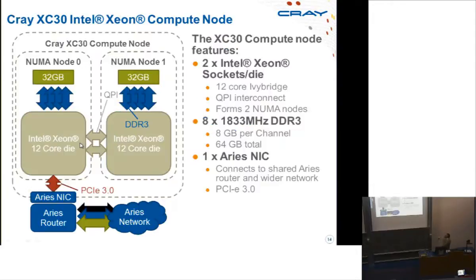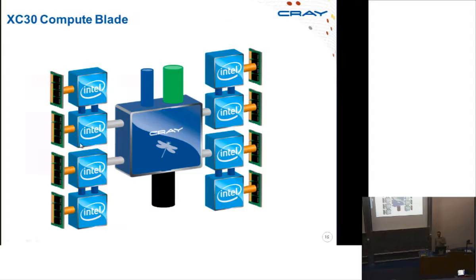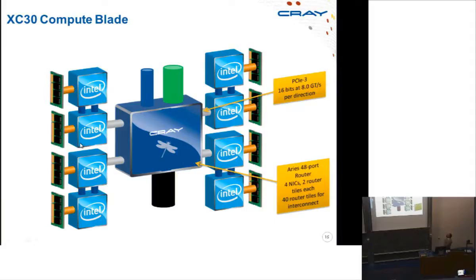So in reality, nodes don't exist on their own. They're put into blades, which are then stacked up into cabinets. So what does a blade look like? A blade is 4 compute nodes. And this is then connected to a single Aries 48-port router. So we have 4 network interface cards connected to a single router, which then is connected to the rest of the network.